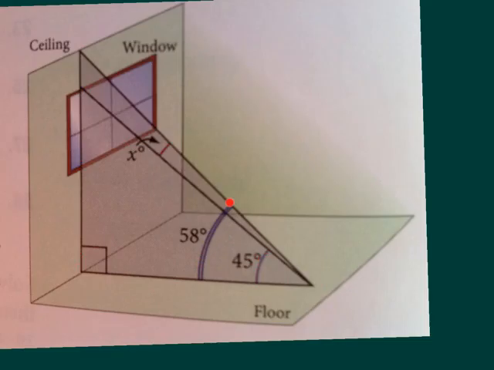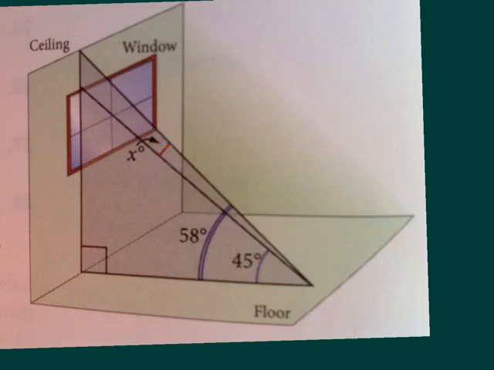Solving either equation, and then they give you two equations, 58 minus x equals 45 or 45 plus x equals 58, will give us the number of degrees in the angle labeled x. So they're trying to find out the angle right here between the two.